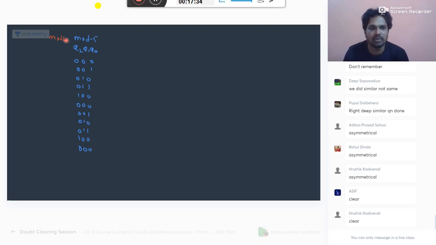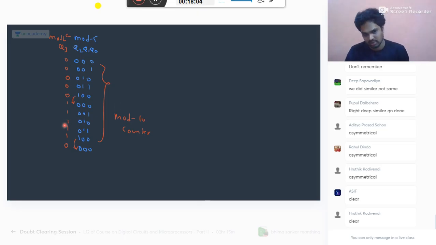Mod 2 means only 1 bit, which is always 0. When this fellow changes, because this is given as input to this, cascaded, when this changes from 1 to 0, this fellow will change to previous bar. So this is also some kind of mod 10 counter only, but not 0 to 9. It is counting 0 to 4, 8, 9, 10, 11, 12, again 0.